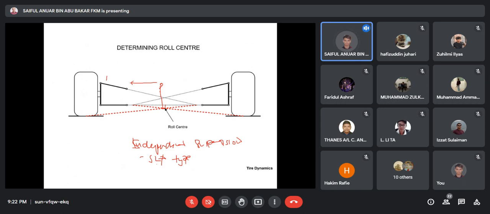So you just need to reduce this one. Or what we can do is that we're going to lower the CG.